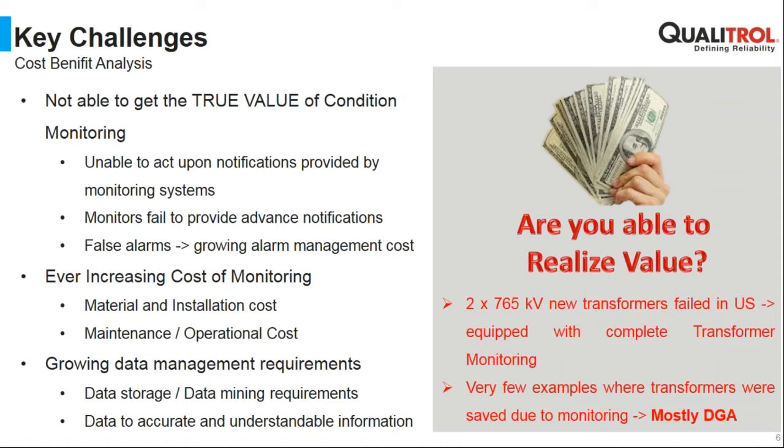Either the condition monitoring systems are not able to capture the fault, or even if a few data points capture the fault, the alarm is hidden among 150 data points and does not give a direct indication to the utility that you have a problem, and these alarms are not being acted upon. Even more, a growing problem is false alarms. Utilities still think the alarm is not 100% accurate. So this is the major problem condition monitoring on the transformer is facing in terms of accuracy.